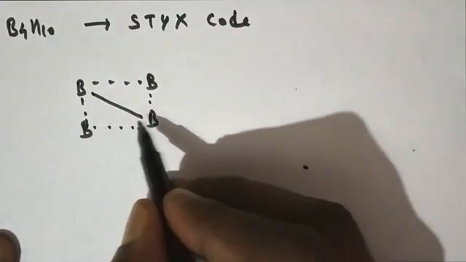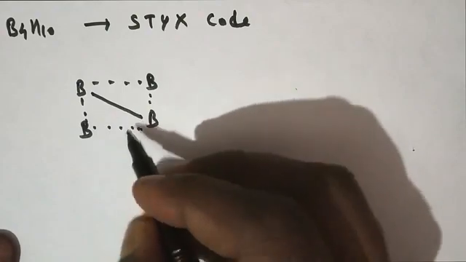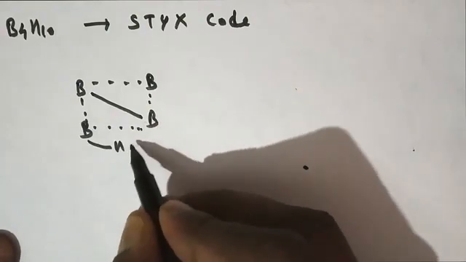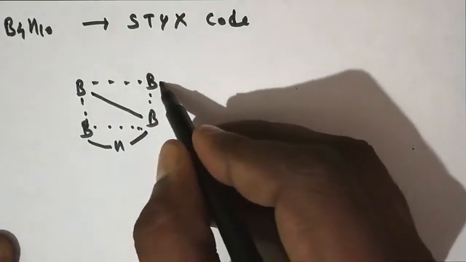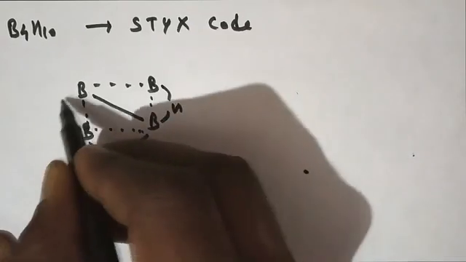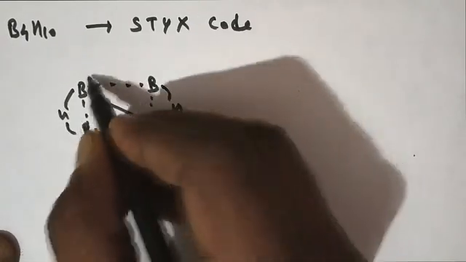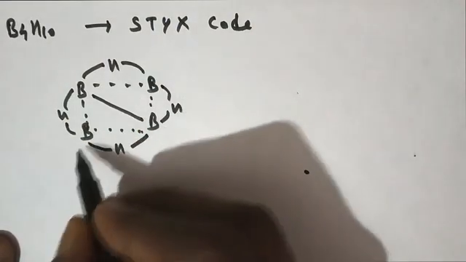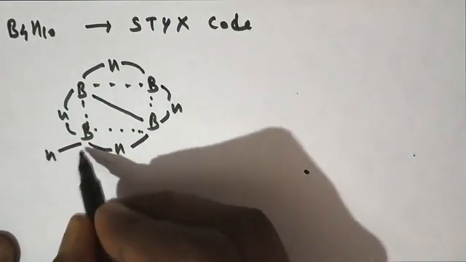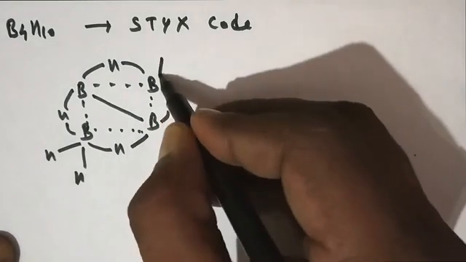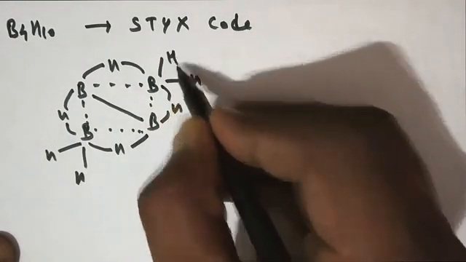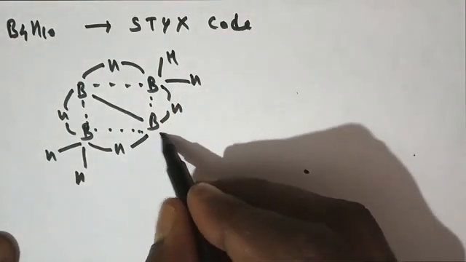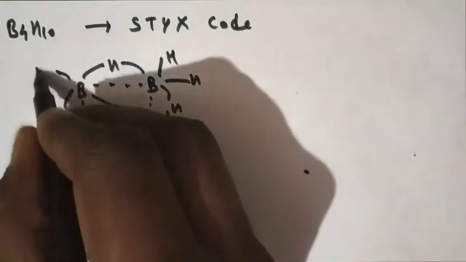There will be one permanent bond, bridging hydrogen, bridging hydrogen, bridging hydrogen. This will have 2 hydrides. This will also have 2 hydrides. This will have a single hydride.